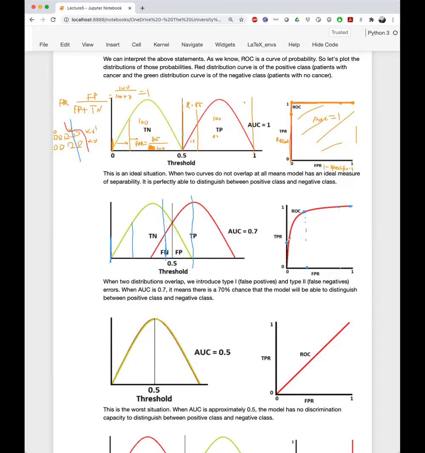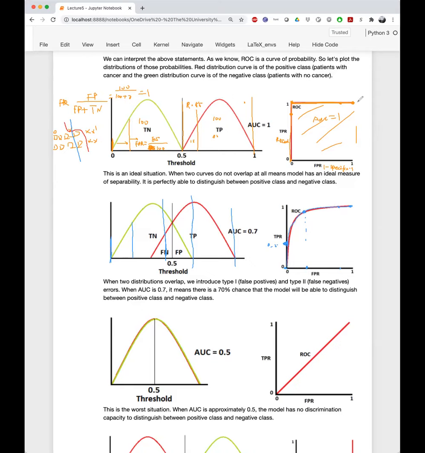The graph actually does not exactly match, right? But we know what this actually means. Let's say this is 0.5. So we get a point here. And then we move our threshold here, so we get 0 recall and 0 false positive rate, so we get these points. So you can see when we move the threshold from left to right, we move the point all the way from here to here.